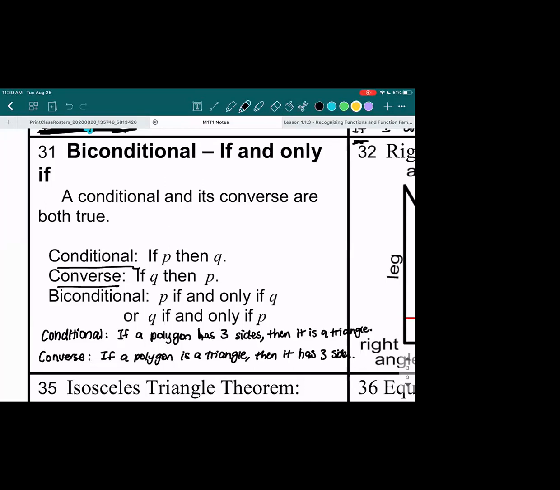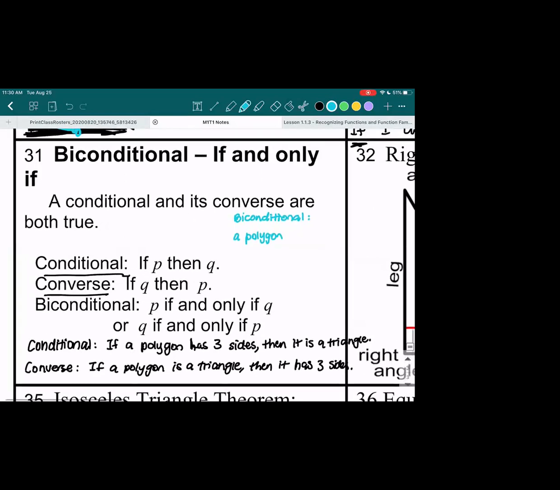So when you write your biconditional, which I will write in blue because then everything doesn't have to blend together. For our biconditional: a polygon has 3 sides if and only if it is a triangle.